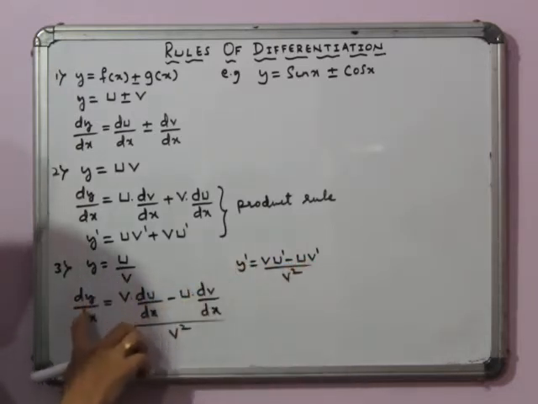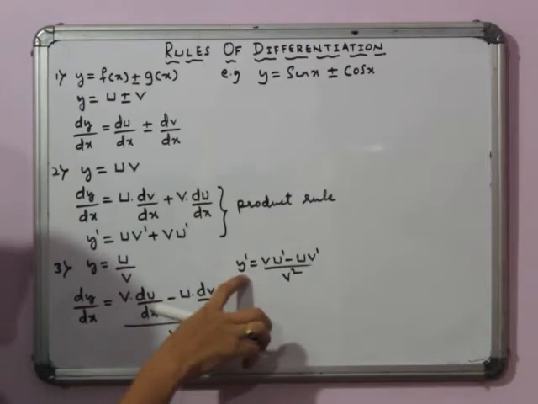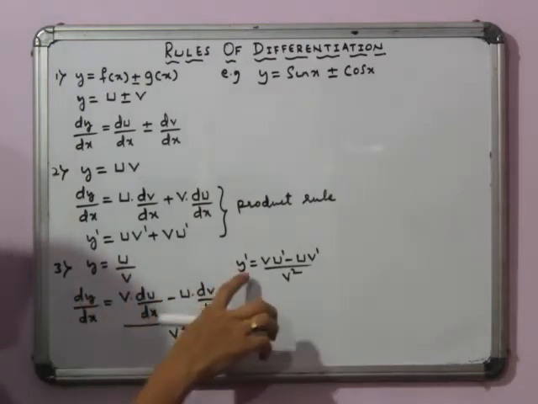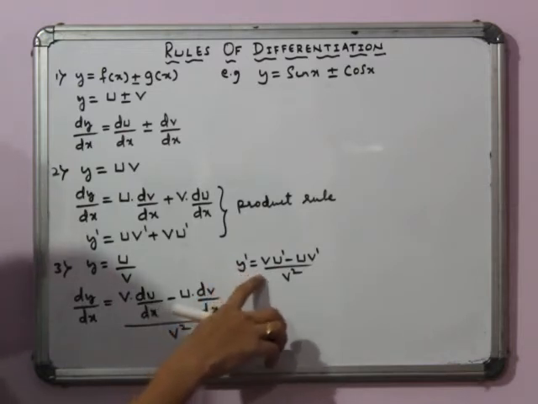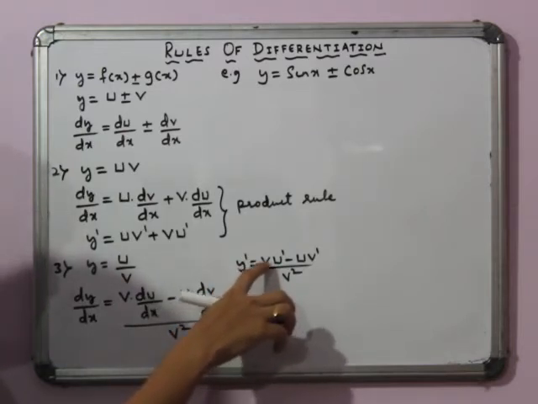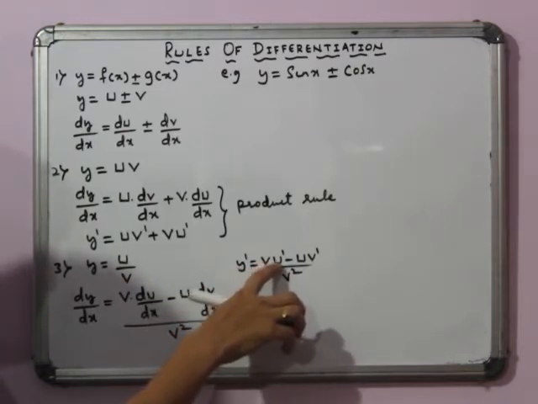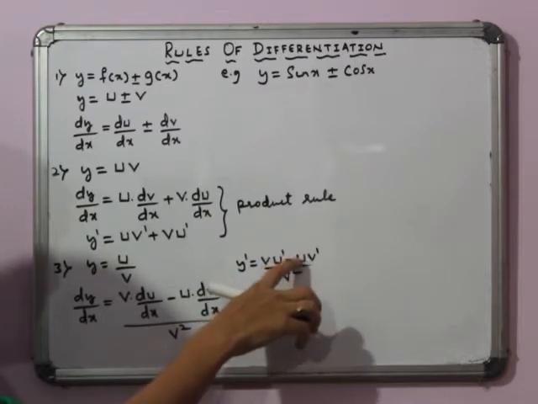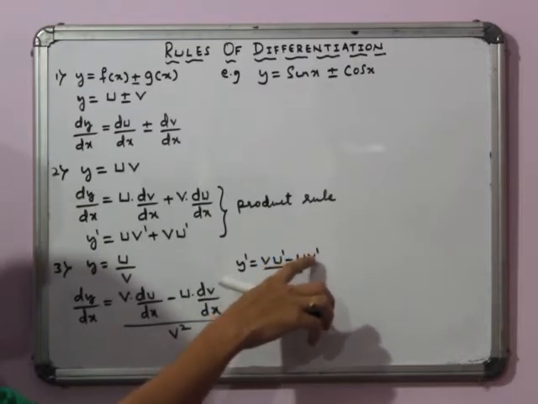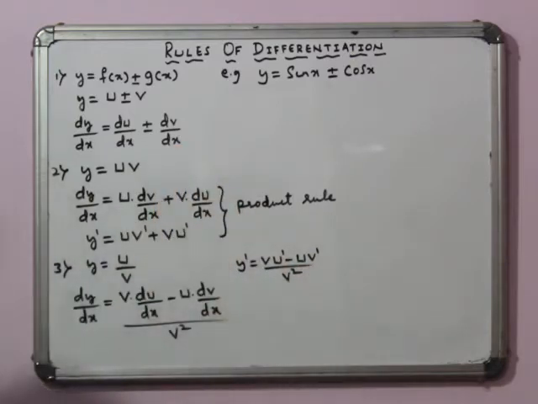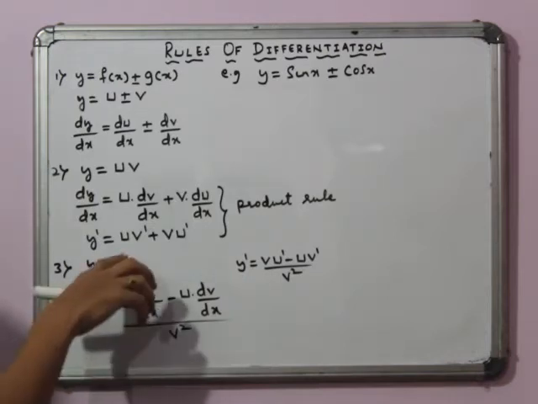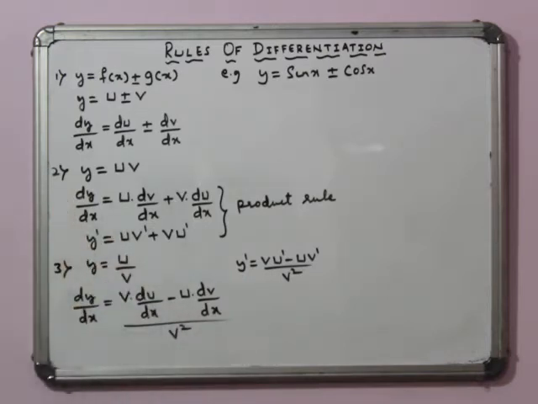Here I have replaced everything. dy by dx is replaced by y dash. Both are the same. Whichever you are comfortable with, you can remember. y dash is equal to second function into differentiation of first function minus first function into differentiation of second function divided by square of second function. This is how we will find the derivative of a function which is of this form, that is u by v.